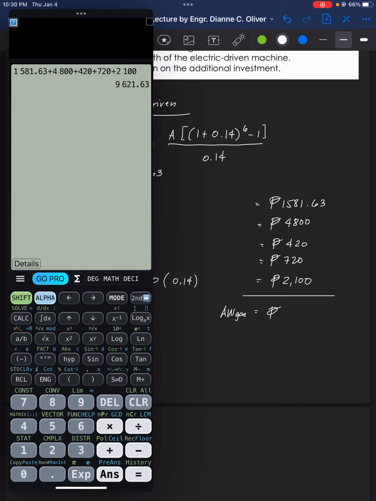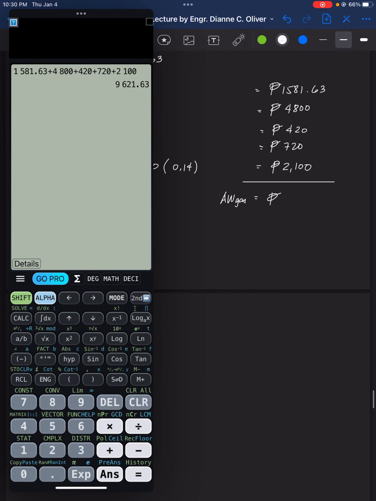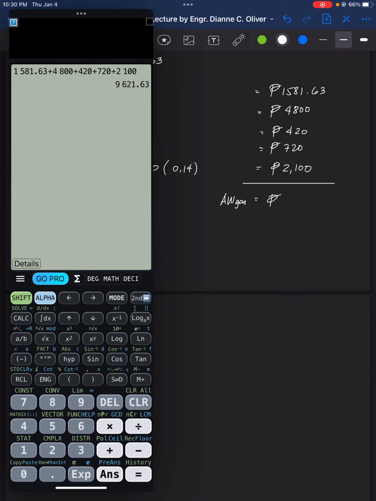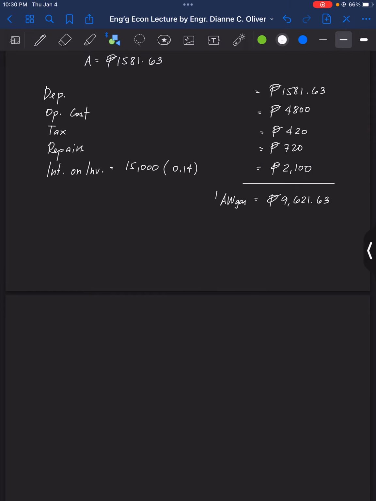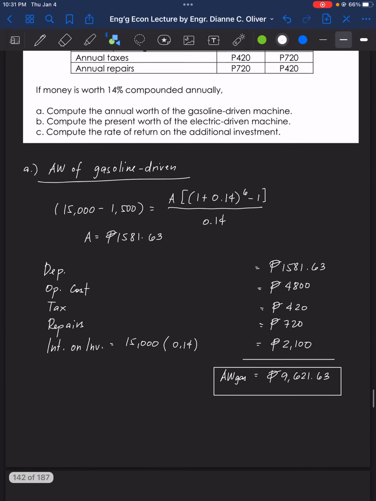So 9,621.63. So that's the annual worth of the gasoline-driven machine. So that's letter A.